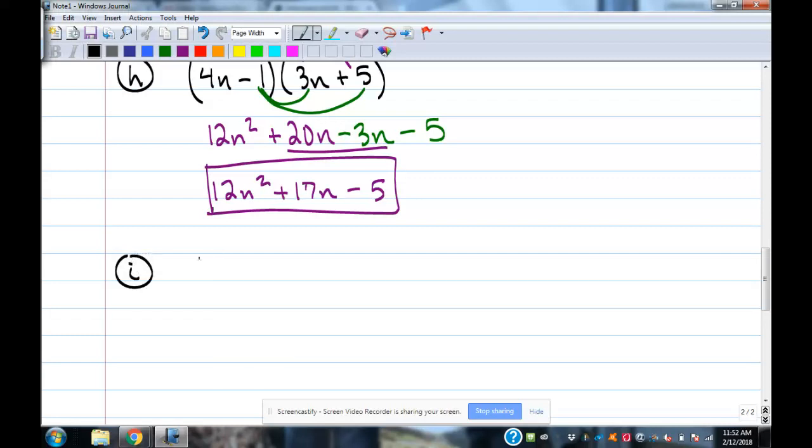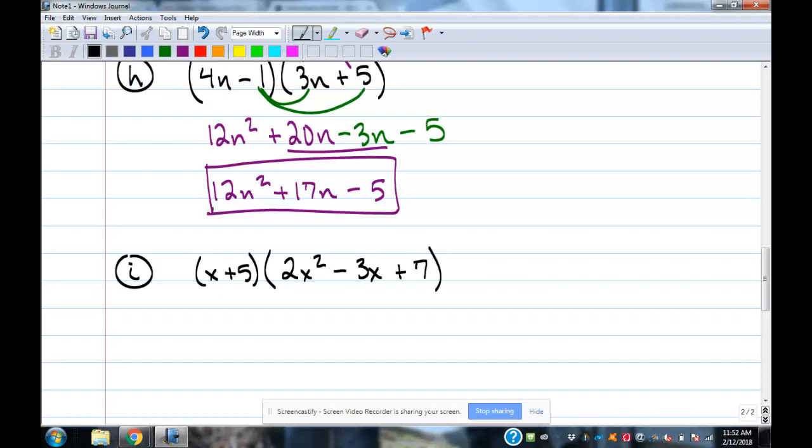Let's look at this one. Say we had x plus 5 times 2x squared minus 3x plus 7. What's different about this one than the last three we've done? It's a binomial and a trinomial. But will the same process work?